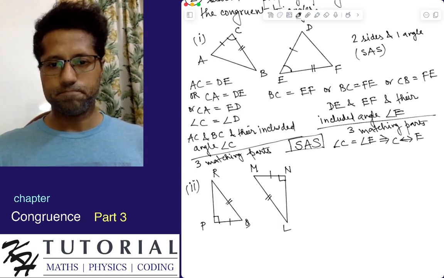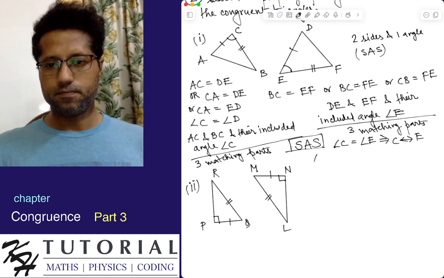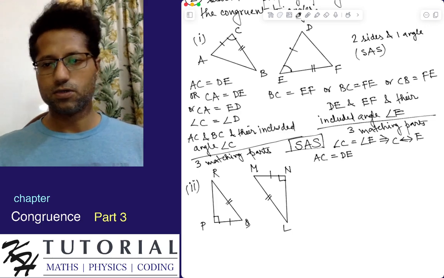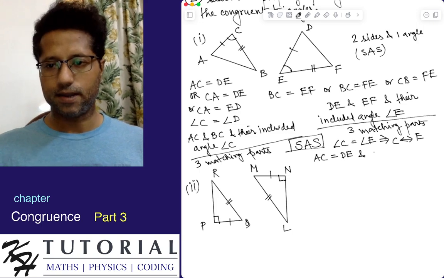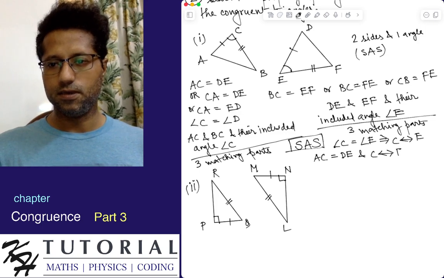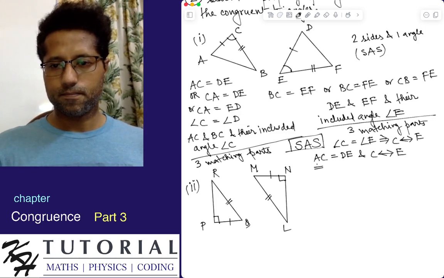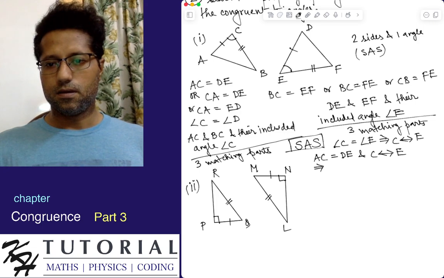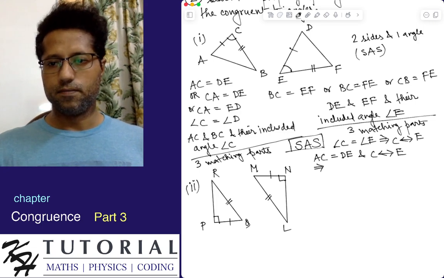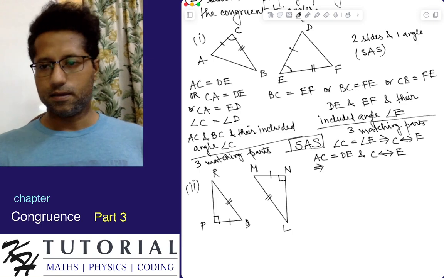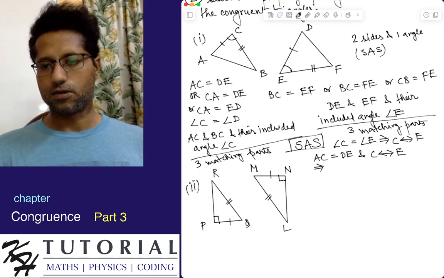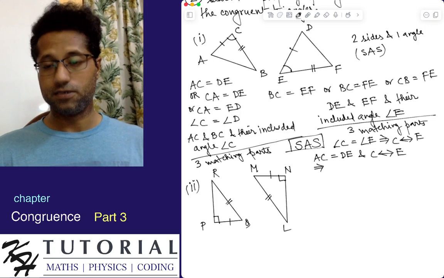Now we also know that AC is equal to DE, and we also know that the vertex C has a correspondence with vertex E.